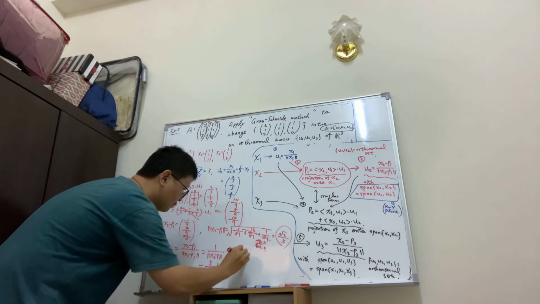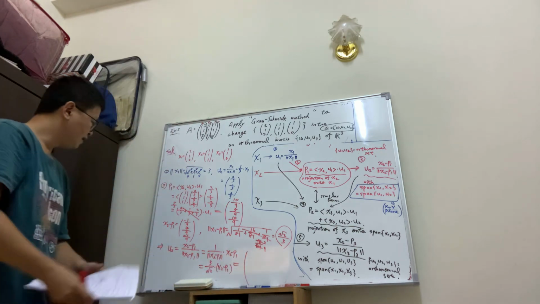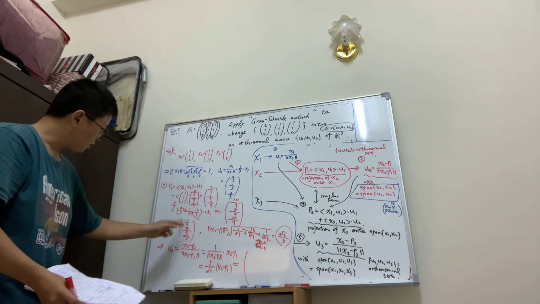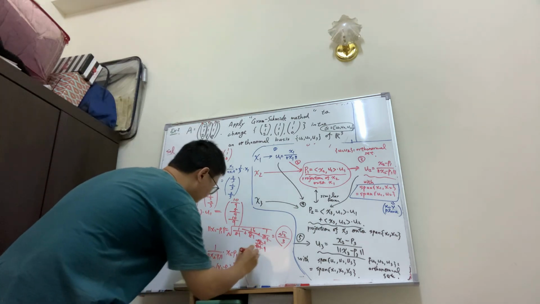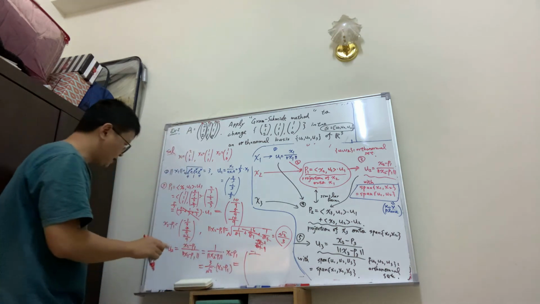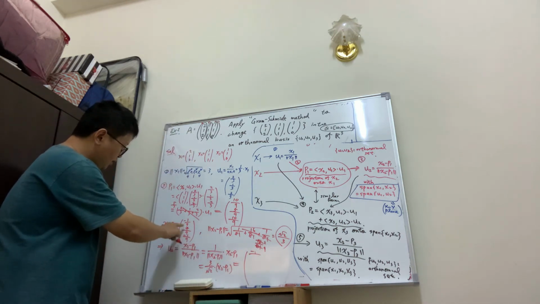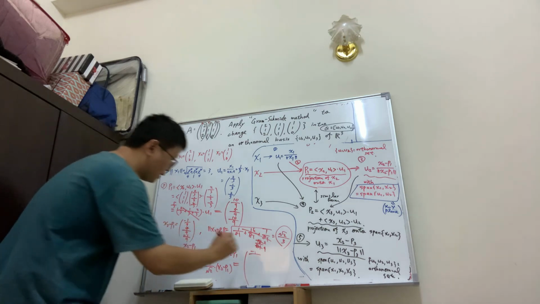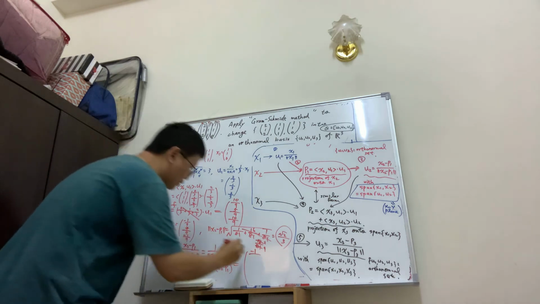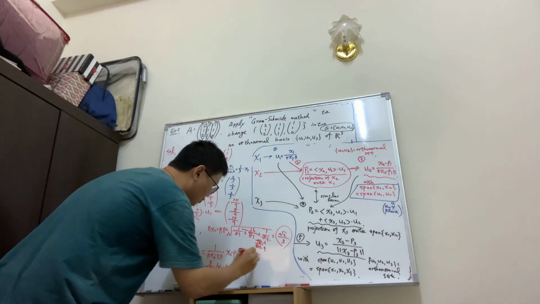And finally, we could write down each entry. For the first entry, we multiply by 3 over square root of 2. So we still have negative 1. For this entry, we cancel the 3, 9 divided by 3 becomes 3, so you still have negative 1 over 3 square root of 2.